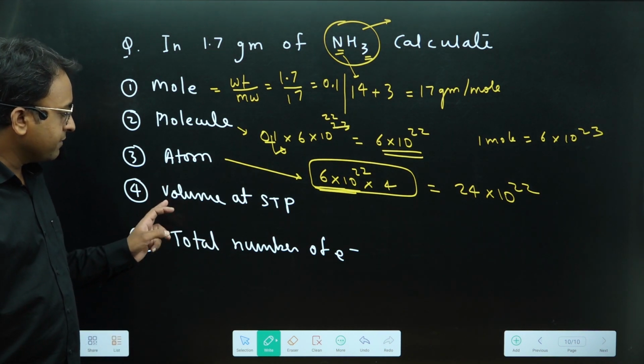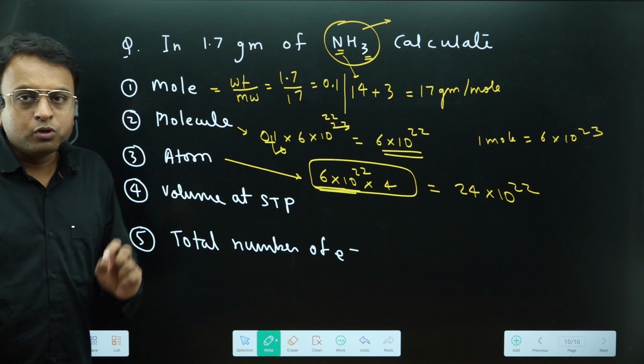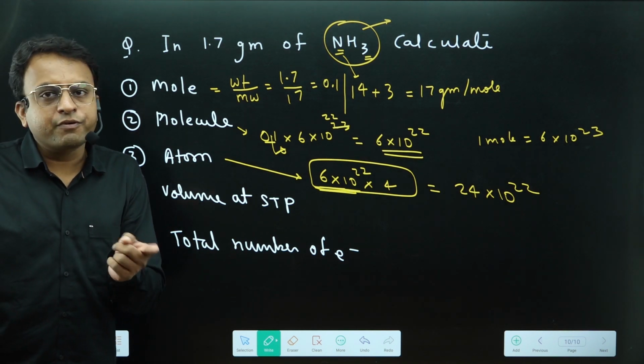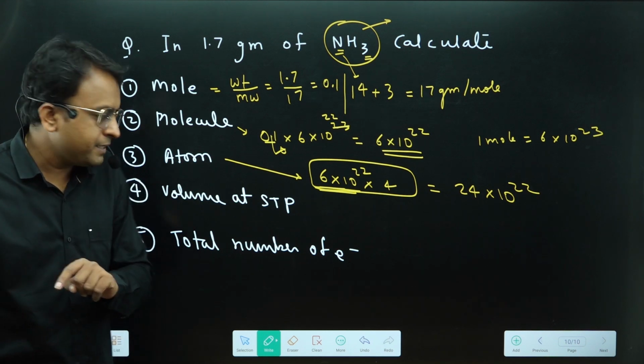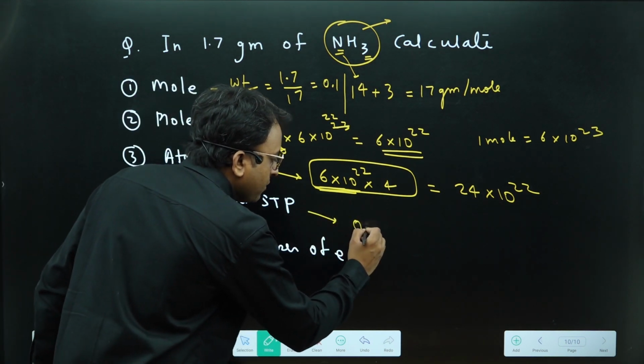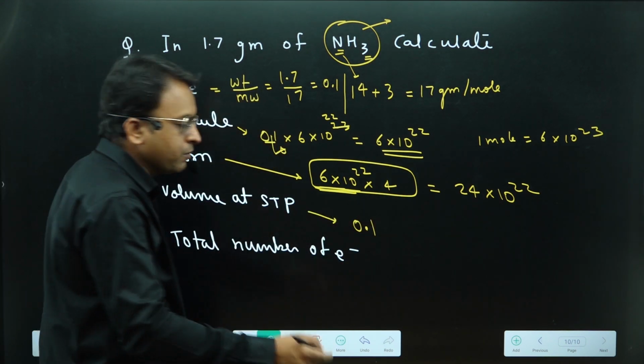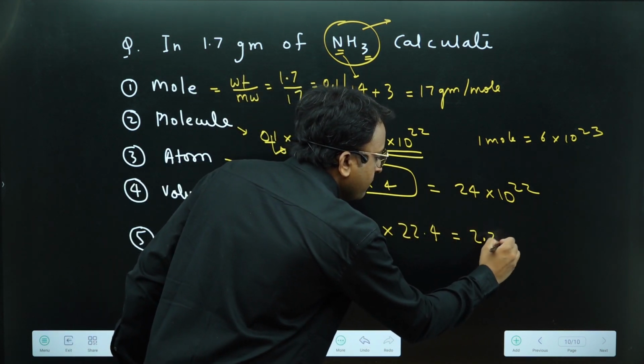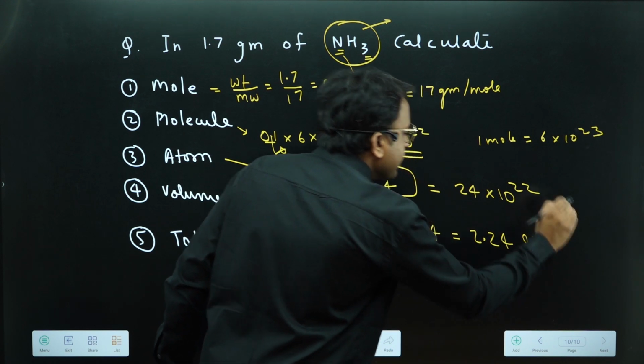Now, find the volume at STP. Mole is 0.1. 1 mole of gas has a volume of 22.4 liter at STP. So 0.1 mole has a volume of 2.24 liter at STP.